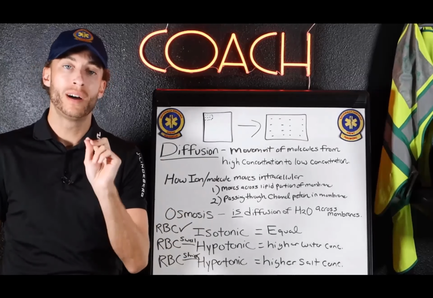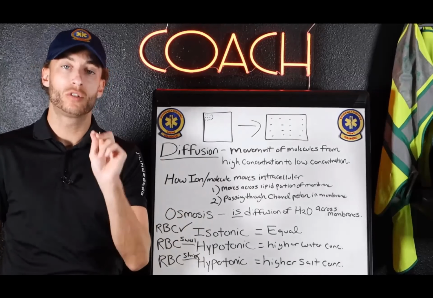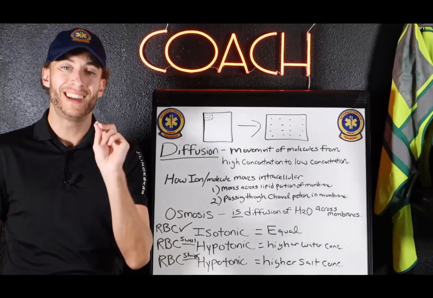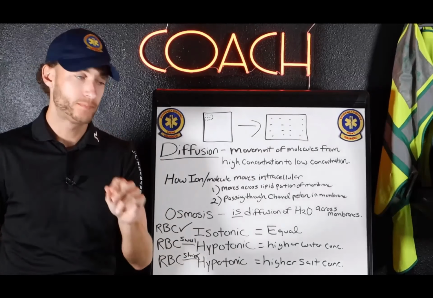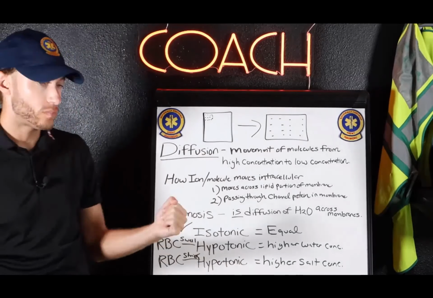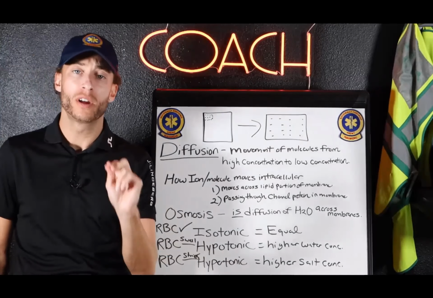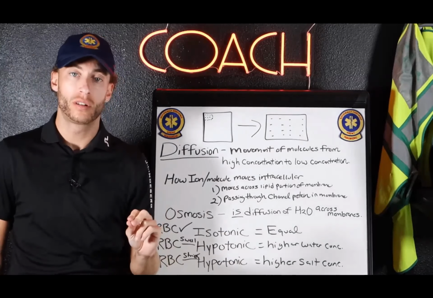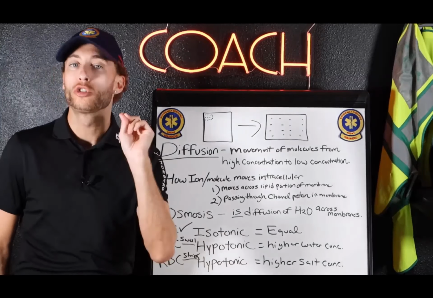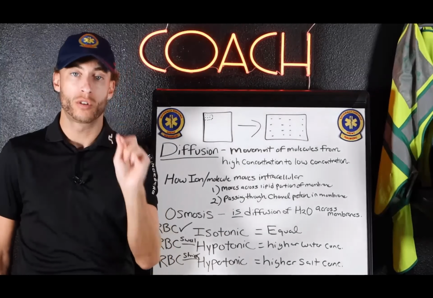A hypotonic solution means there's more water in that solution. So you can see here, there's a higher water concentration. With a hypertonic solution, there is a higher salt concentration.